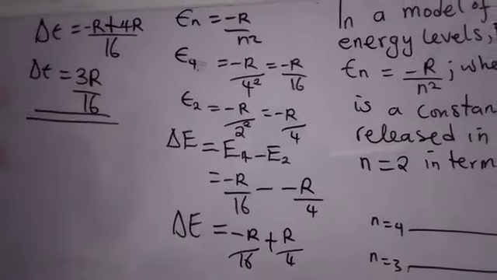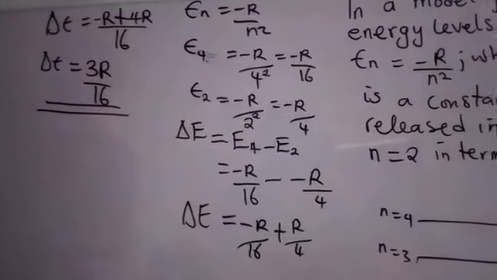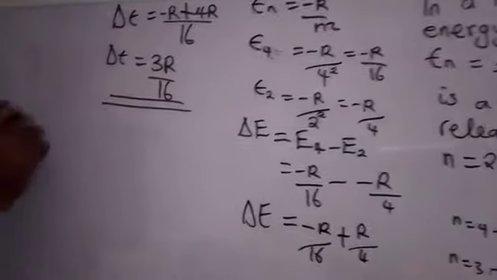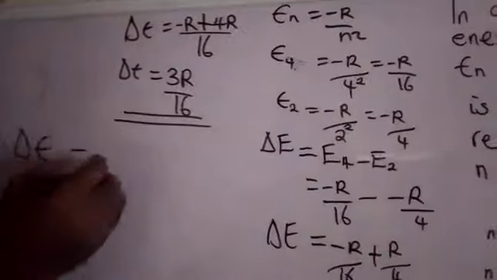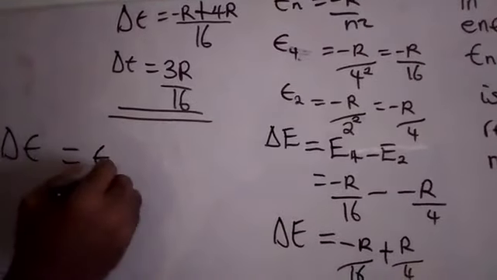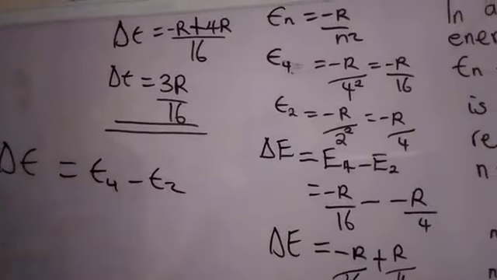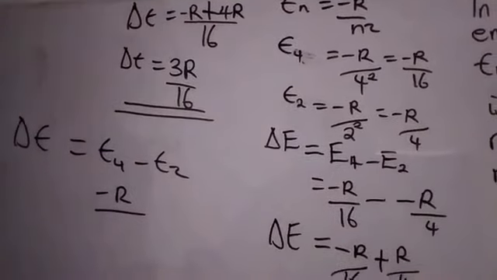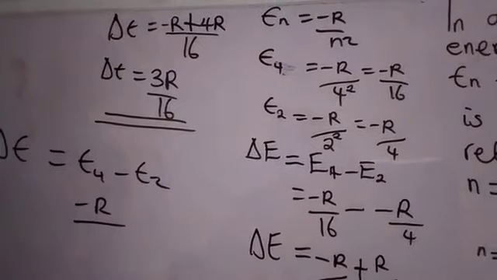But for someone that is used to energy quantization, you can just go straight from the beginning and say change in energy is equal to E4 minus E2. And this is minus R, since the formula is minus R over n squared.